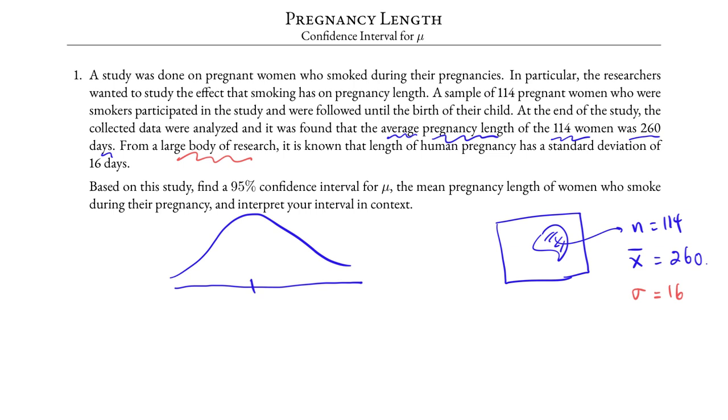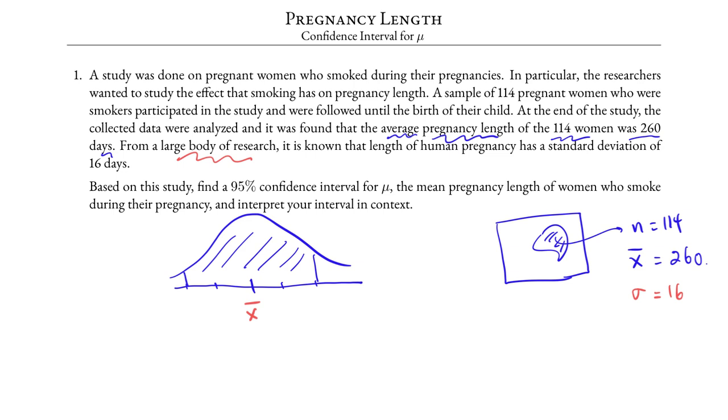We say that 95% of the data or the observations will be within 2 standard deviations away from the mean. However, for the confidence interval, we would need 2 standard errors from the mean.